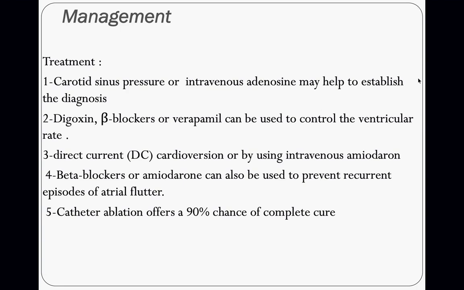Management. First of all, we do maneuvers that increase vagal activity and reduce adrenergic activity. Which is the maneuver that increases vagal activity? It is carotid sinus pressure, because in the carotid sinus there are nerve fibers of the vagus nerve. When stimulated, they may produce negative chronotropic stimulation for the heart, or cardio-inhibitory response.